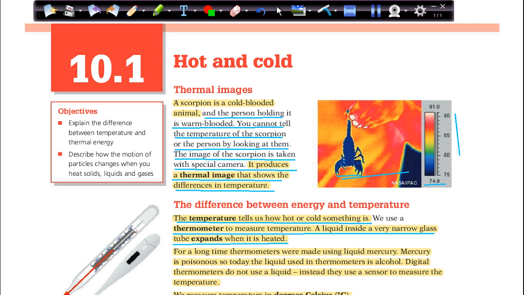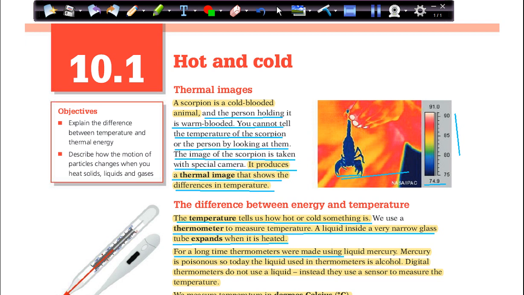Inside the thermometer there is a very narrow tube full of liquid. This liquid expands when it's heated. When the temperature is rising, this liquid will expand and give us the correct temperature of anything, of the body, of the liquid, of anything.